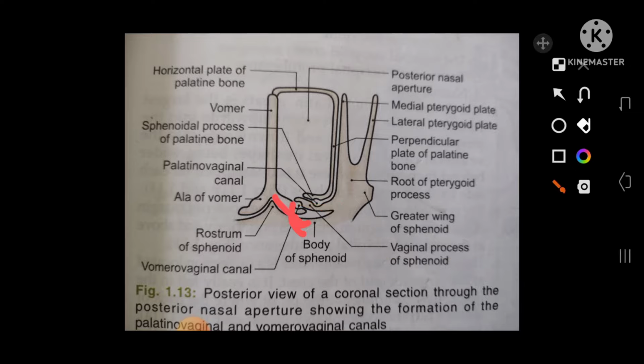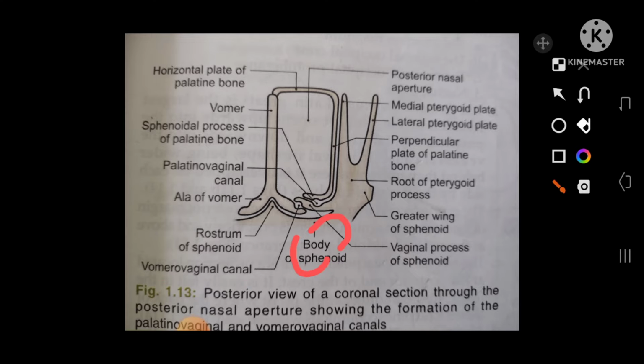So these two extensions, ala and vaginal process, form a C-shaped notch over the ala like this, and another C-shaped notch over the vaginal process like this, and in this way they enclose the canal. Here you can see this is called the vomerovaginal canal. It is a part of vomer and a part of the vaginal process that forms the canal, that's why the name is vomerovaginal canal.